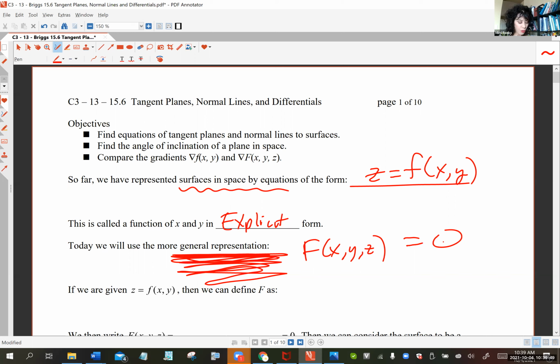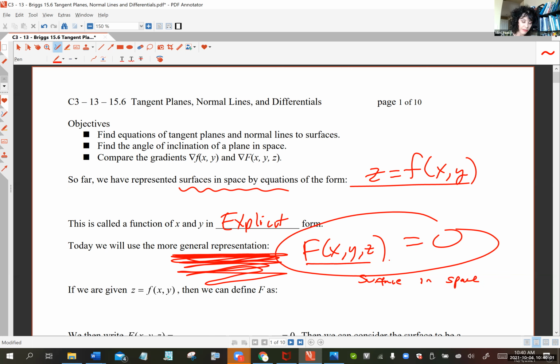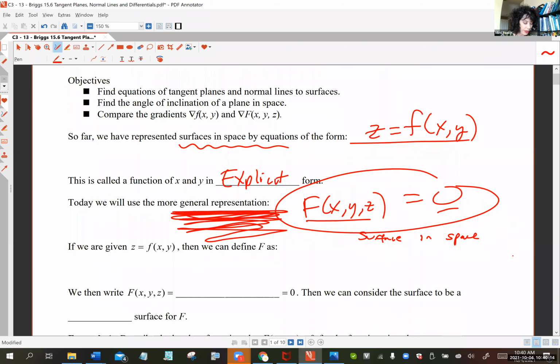That's what's considered a more general representation of a surface in space. It's somebody's level surface. You know how, when we're finding level surfaces, we set a function of 3 variables to a constant? Well, imagine that you set it to a constant and have the constant be 0. So there you go. This is a level surface for the function of 3 variables. And it is a surface.